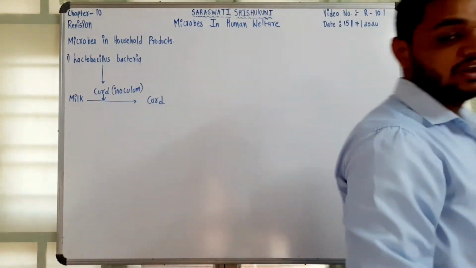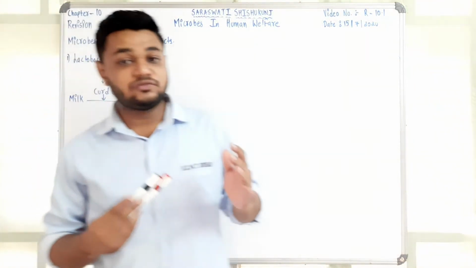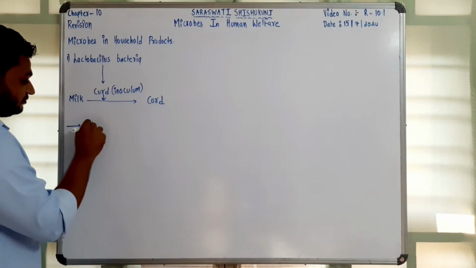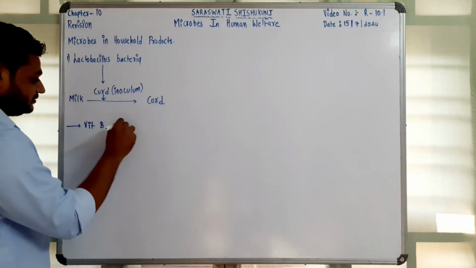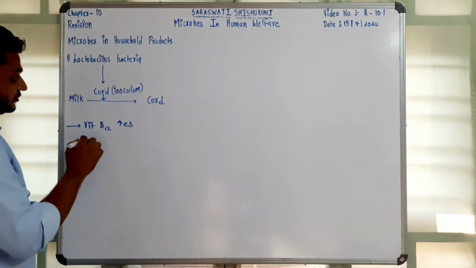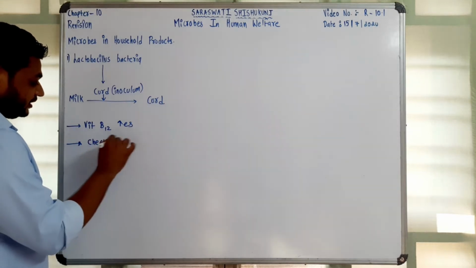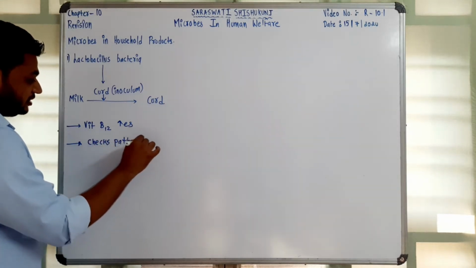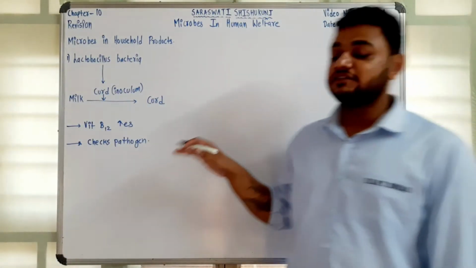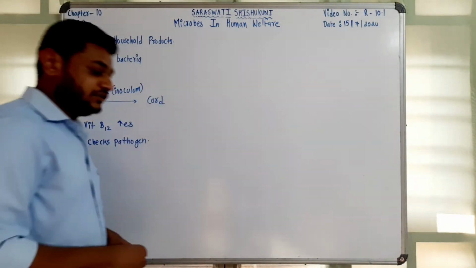This digests the proteins of the milk. Students, this also increases the vitamin B12 level. With it, this bacteria checks other harmful pathogens in our body, right? So it increases good flora and decreases bad flora in the alimentary canal. So this was the first one.